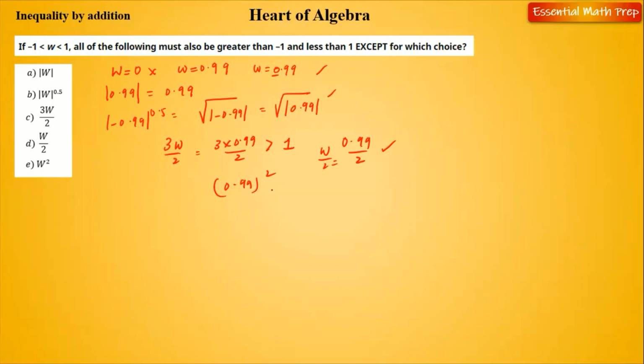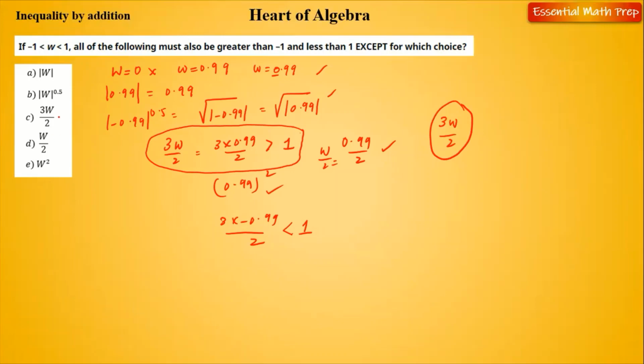What will not work is this right here. You can also do it for 3 times -0.99 over 2. That will still be less than 1, which is also something we don't want. So 3W over 2 is the only correct answer.